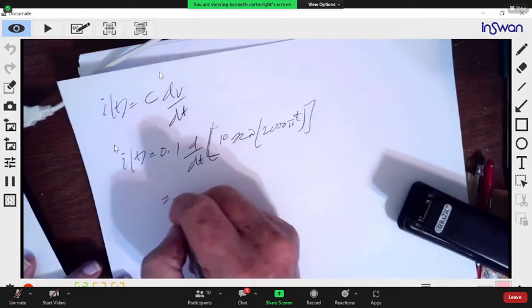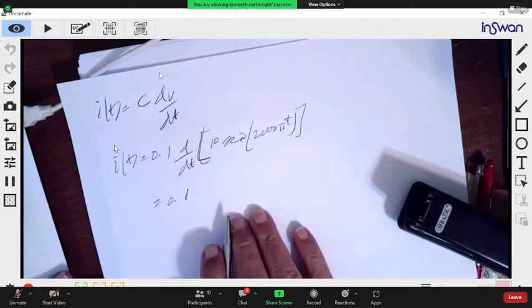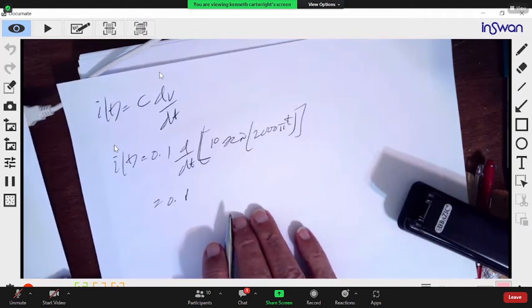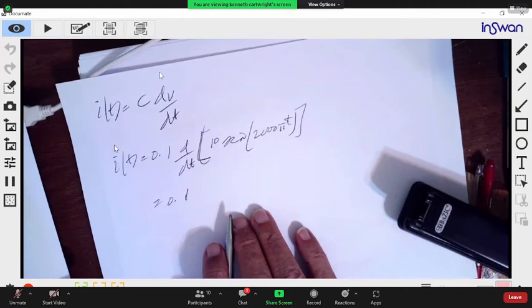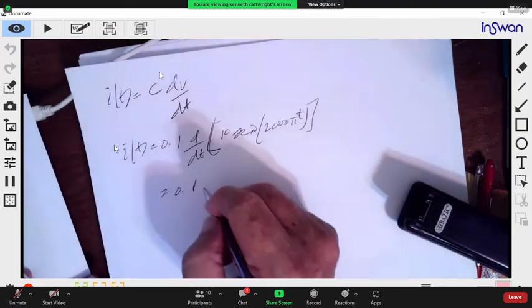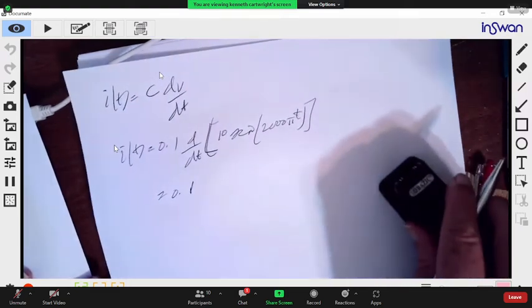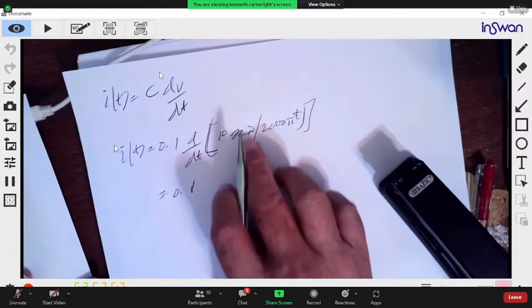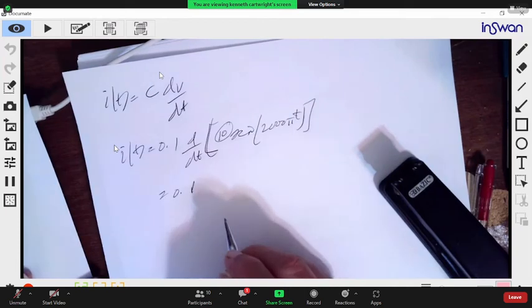So that's 0.1. What's the derivative of a sine wave? Cosine wave. Okay, but you've got to do better than that. The sine becomes a cosine, that's correct. But the amplitude stays the same, or what else happens?